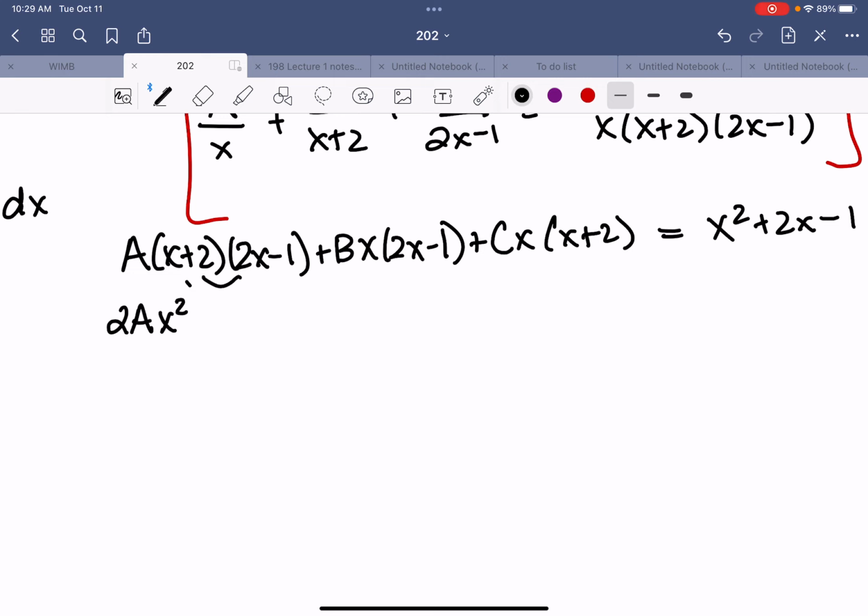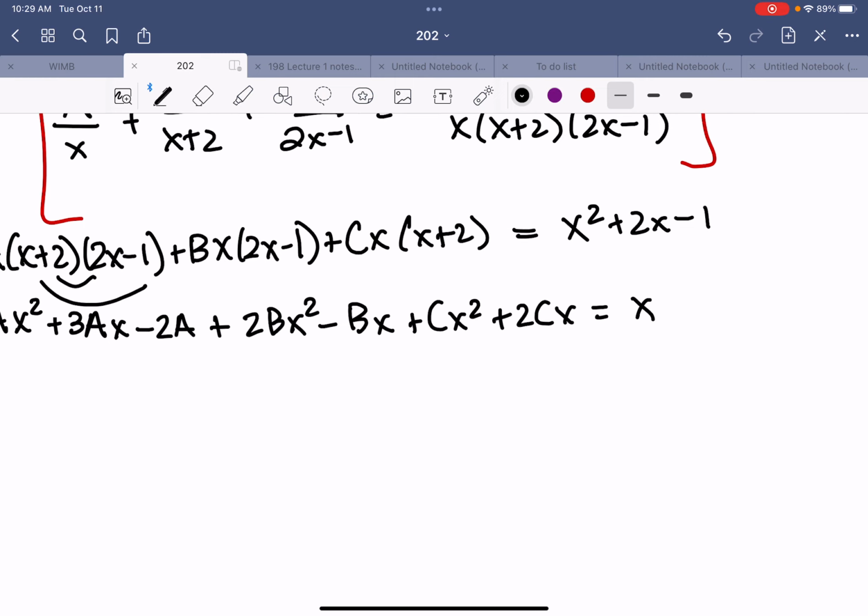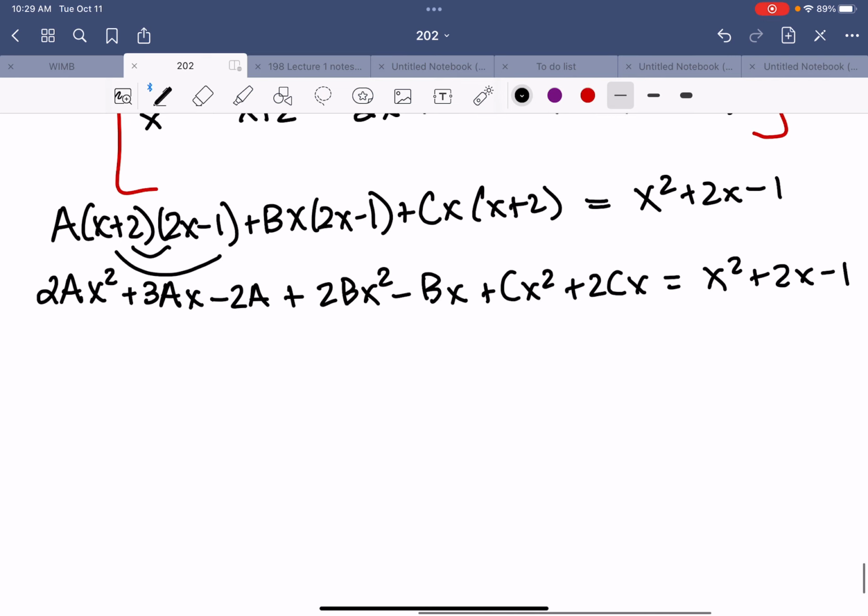I've got a 4x and a minus x, so that's 3x, so plus 3ax minus 2a plus 2bx squared minus bx plus cx squared plus 2cx. And that's got to be equal to x squared plus 2x minus 1. So all I did was multiply everything out. Now I'm going to collect my terms.